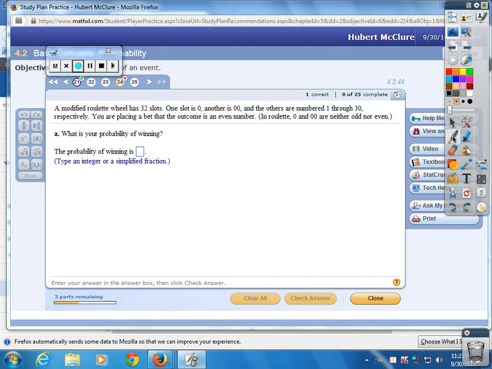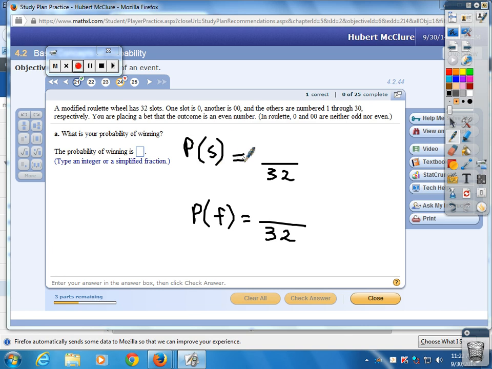Alrighty. So, 32 slots. So you know that is your denominator. And this is failure. Probability of failure is the opposite of probability of success. Probability of success is the even numbers. The even numbers are going to be 15 over what?